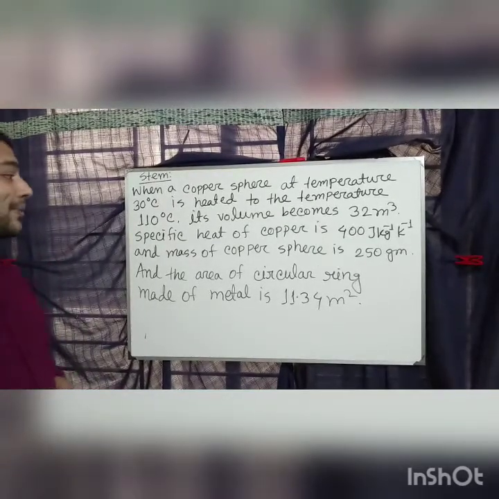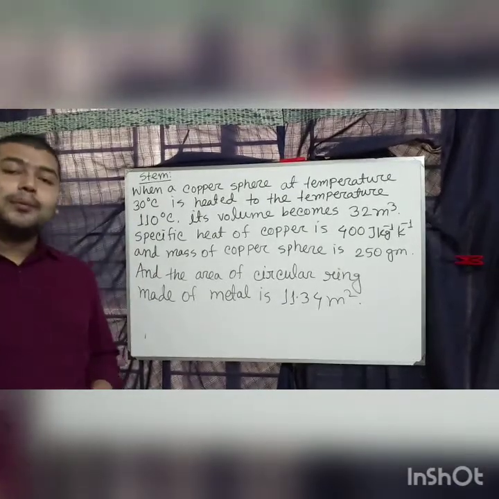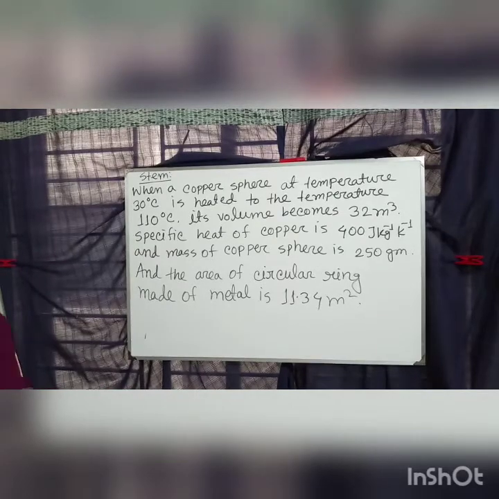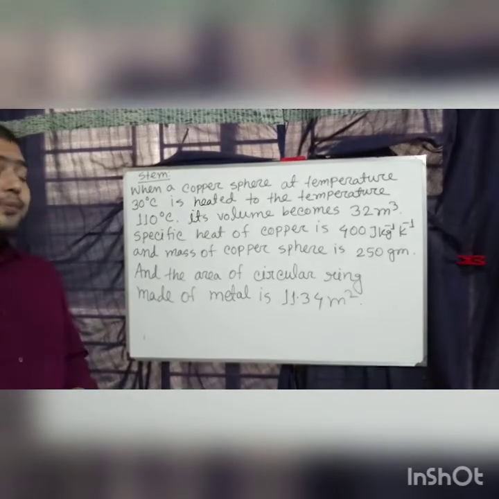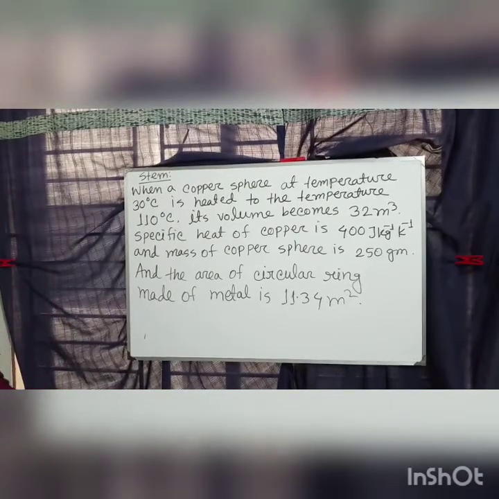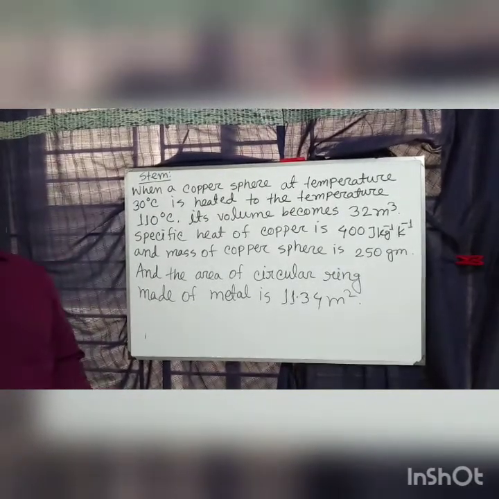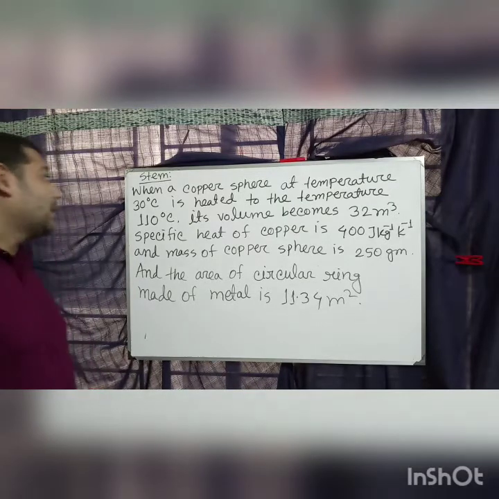Specific heat of copper is 400 joule per kg per Kelvin and mass of copper sphere is 250 gram and the area of circular ring made of metal is 11.34 meter square.